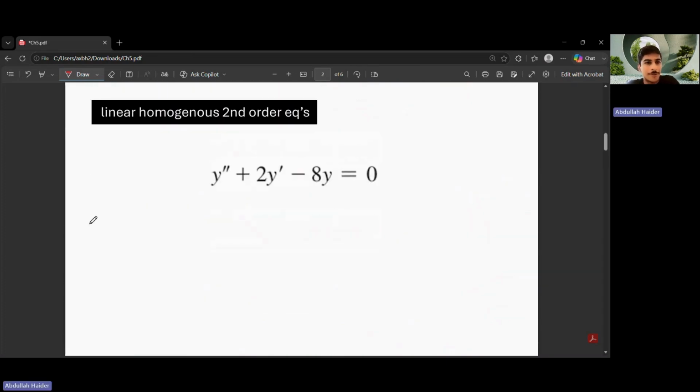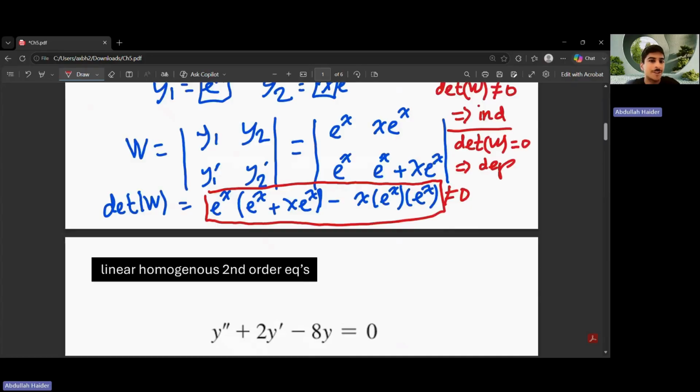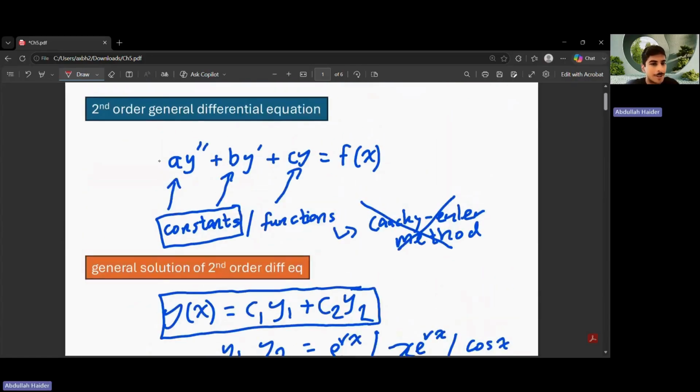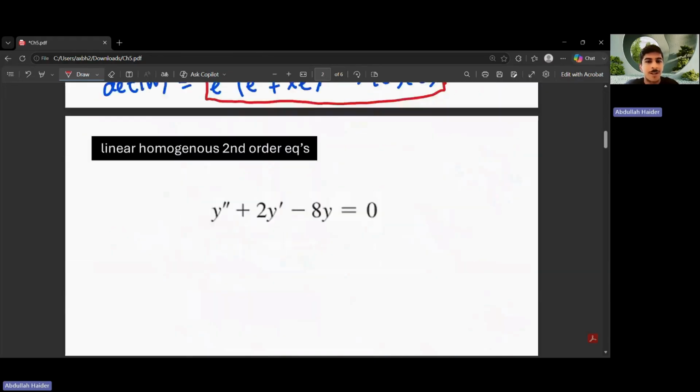Now, linear homogeneous second order equations. Above we discussed the general format of the second order differential equation, which is ay double prime plus by prime plus cy equals f of x. Now we want to know what happens if we put a 0 here, which will be discussed right now.